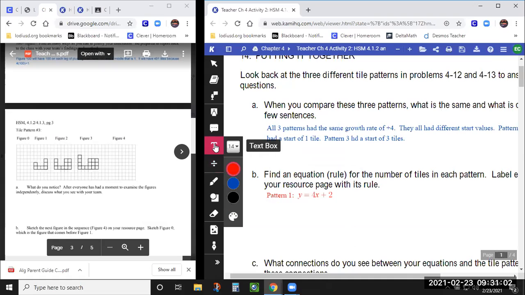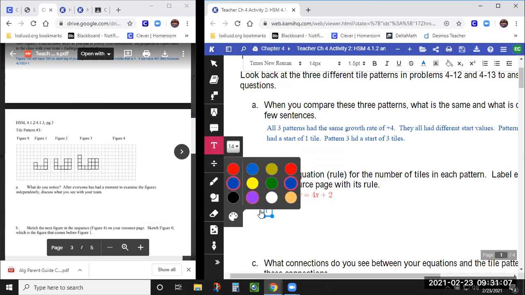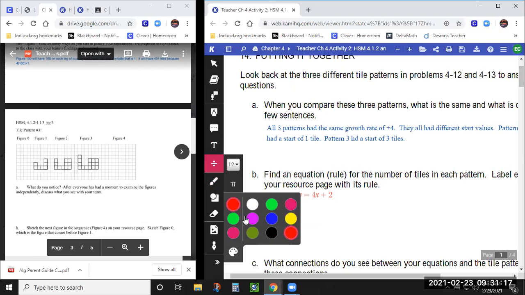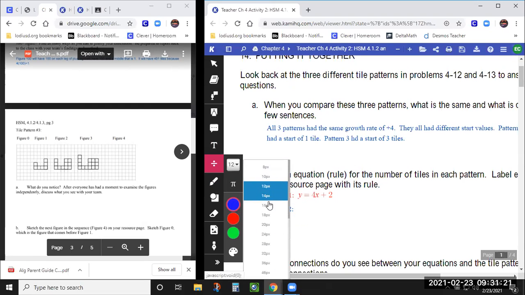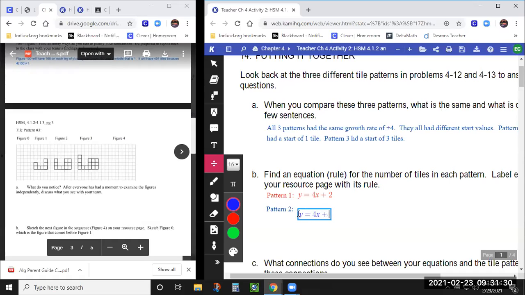So now we want pattern 2. What was our rule we figured out for pattern 2? We did them yesterday. Okay. Y equals 4x plus 1. Okay.